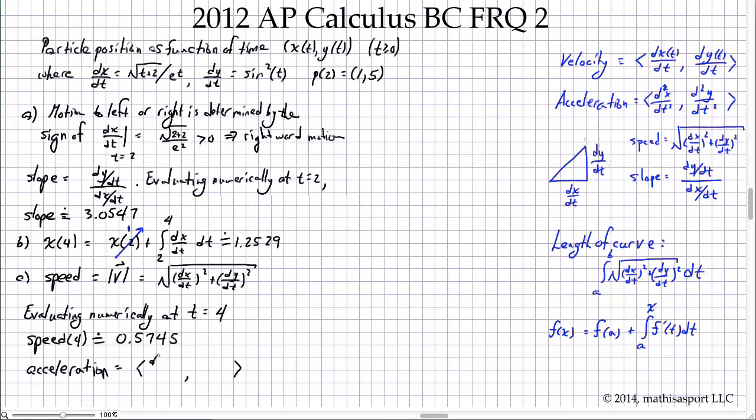But if those things don't mean anything to you, don't worry about it. Just stick with what we've got here. We know this. Okay. And we'll just say evaluating numerically at t equals 4.